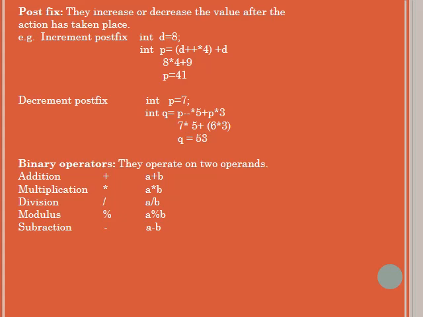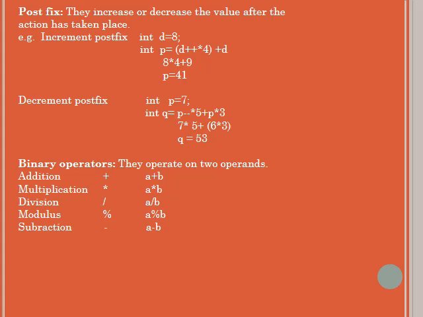The next time we use d, it becomes 9, because it is written d++, and that is postfix. So 8 * 4 + 9. 8 * 4 is 32. 32 + 9, the answer is 41. So the value of p is 41.